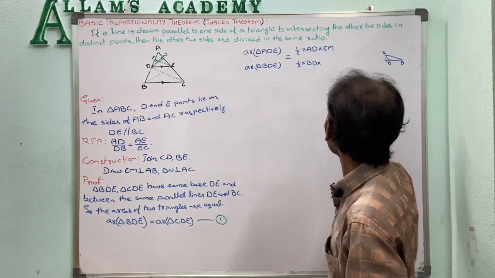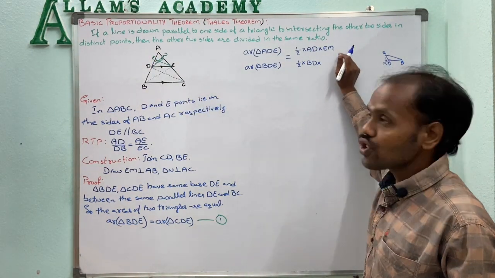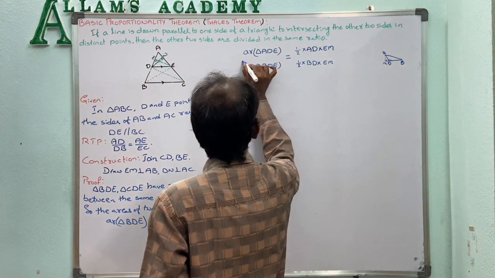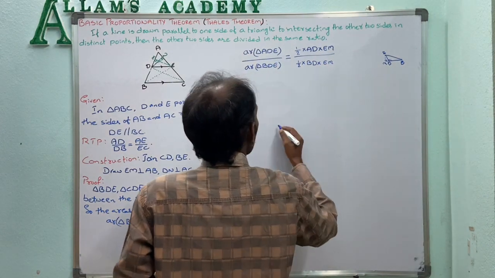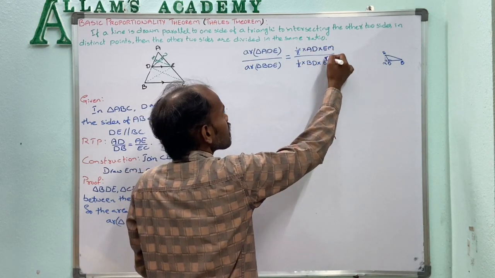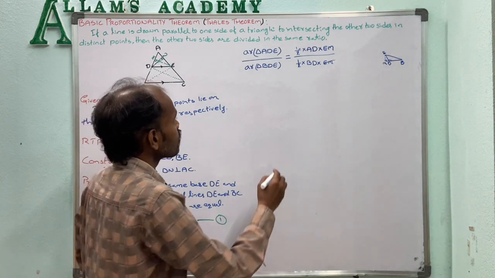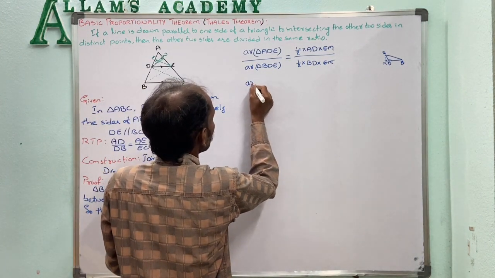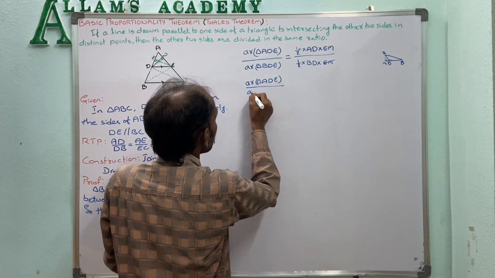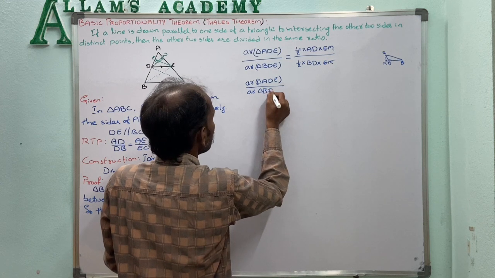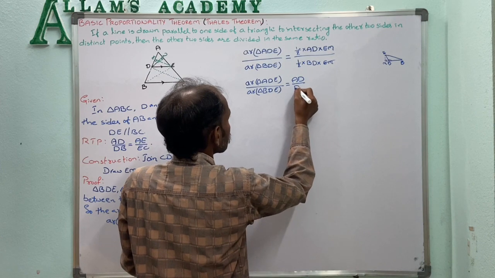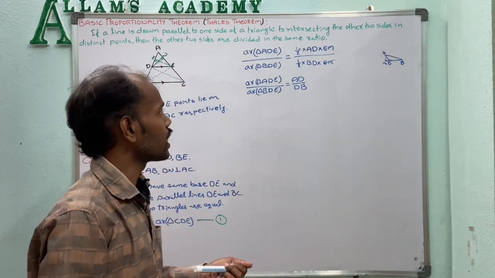If we observe, that is nothing but EM, so the height is EM. If we divide these two areas, the half is common and cancels, and EM is the same height, so that also cancels. So we are left with area of triangle ADE by area of triangle BDE equal to AD by DB. This is equation 2.